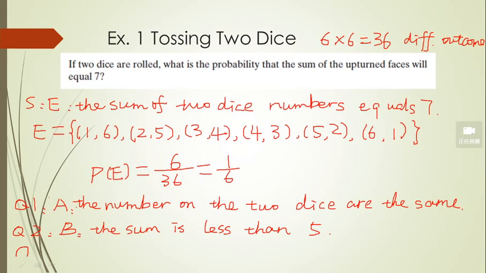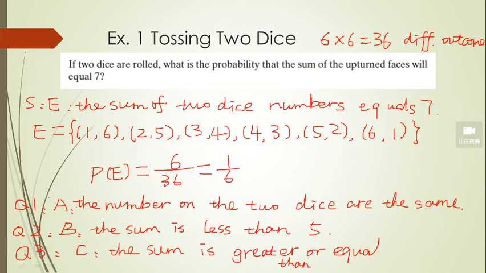The third question: event C, the sum is greater than or equal to 10. There are several questions to work out the probability.